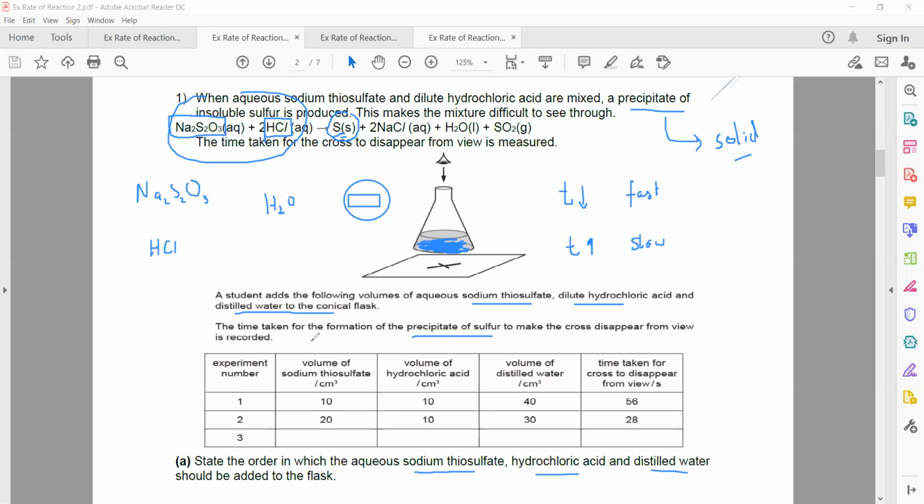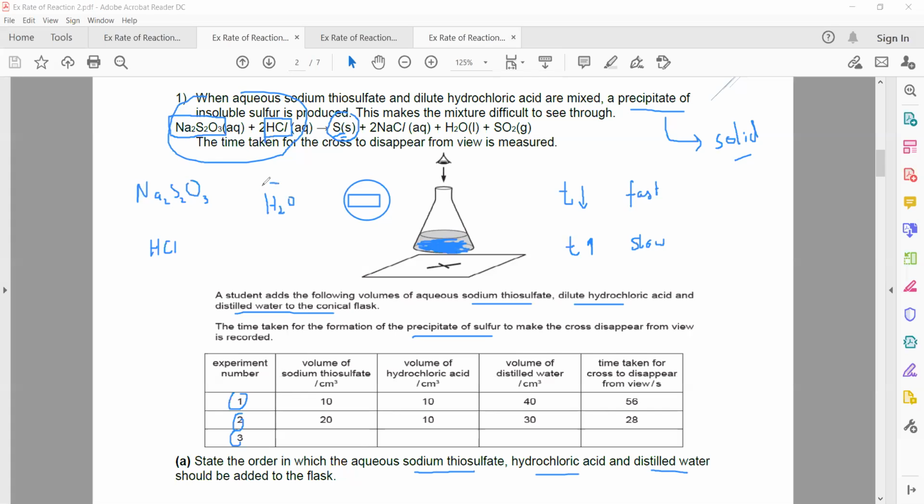Because we are repeating the experiment, we are doing the experiment 3 times. You can see experiment 1, experiment 2, and experiment 3. So 3 experiments are there.